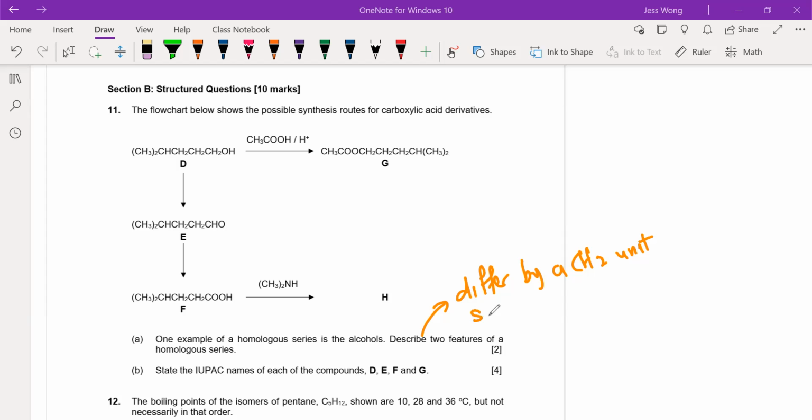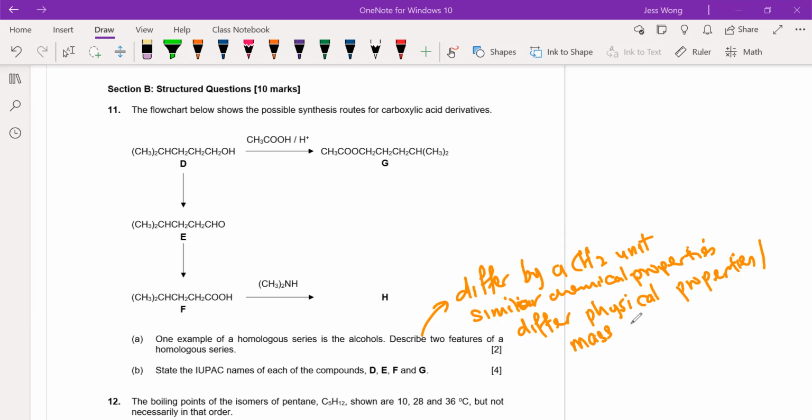They have similar chemical properties because they have the same functional group, and they will actually have different physical properties, for example the mass and density.